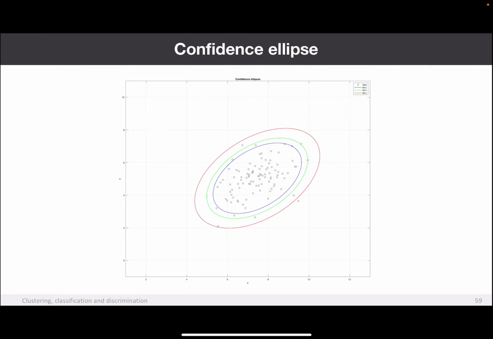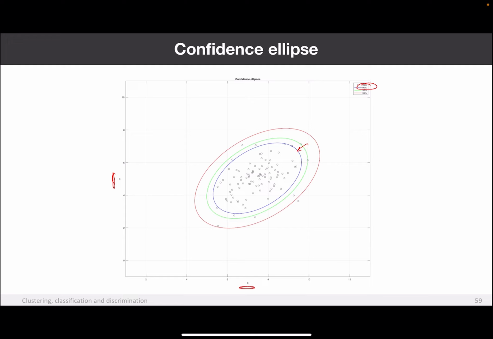Okay, and then this is an example. So again, in this case, I didn't use iris data. I used just normally distributed data, two variables x and y. I generated 100 measurements, 100 x and y values. And then I made 3 different ellipses. You can see, for example, the blue ellipse is made for 90% confidence.